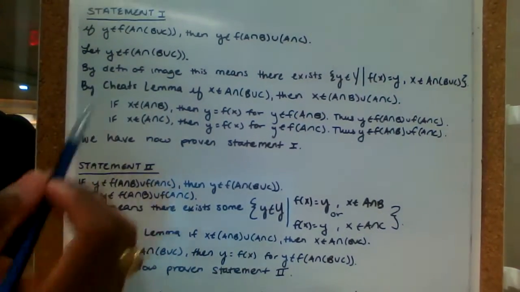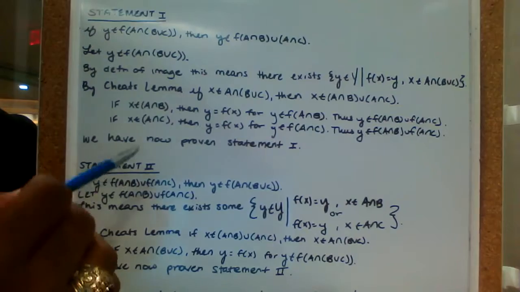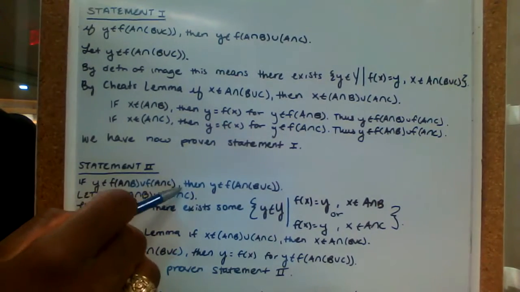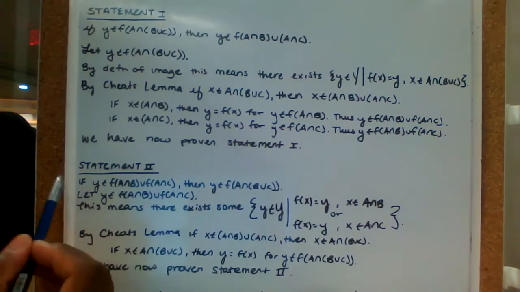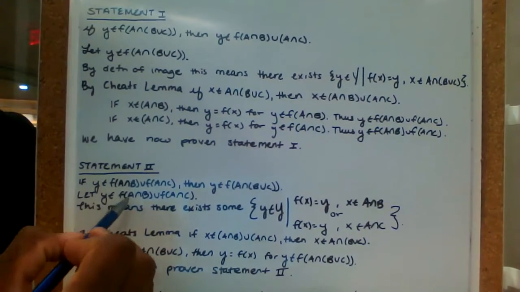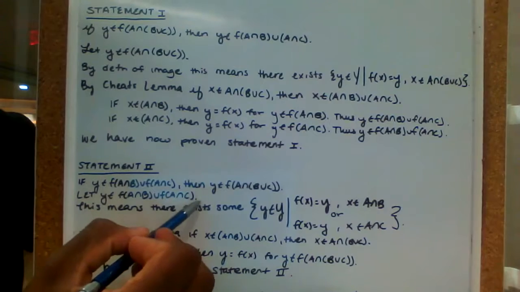Statement 2. If y is in f(A ∩ B) ∪ f(A ∩ C), then y is in f(A ∩ (B ∪ C)). Let y be in f(A ∩ B) ∪ f(A ∩ C).